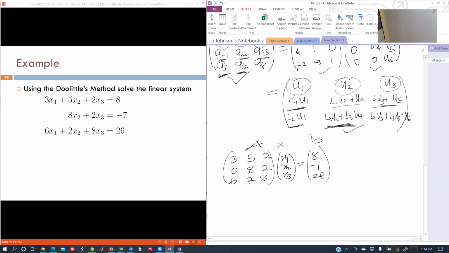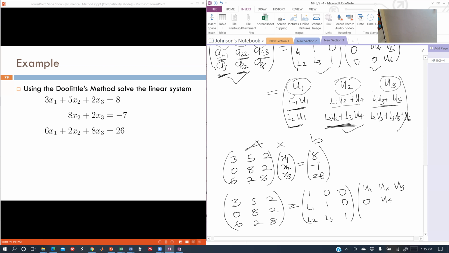So if we have to decompose a matrix, then it is this matrix that we need to decompose. So I'm going to just say that it means that we're going to have A, which is 3, 5, 2, 0, 8, 2, 6, 2, 8, to be equal to 1, 0, 0, L1, 1, 0, L2, L3, 1 times U1, U2, U3, 0, U4, U5, 0, 0, U6. So this is what we have.